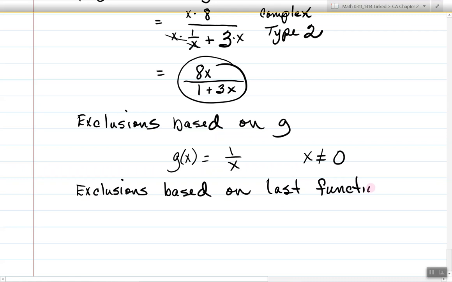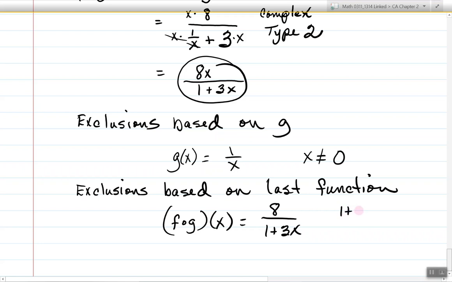So now I'm going to look at f composed with g of x, which is 8 over 1 plus 3x, and its exclusions, well, you'd say 1 plus 3x cannot equal 0, so subtract 1, so 3x equals negative 1, divide by 3, x equals negative 1/3. This is a domain exclusion, and this is a domain exclusion.